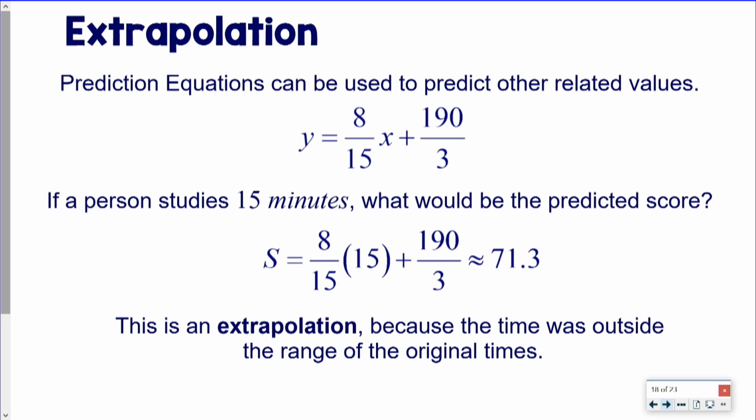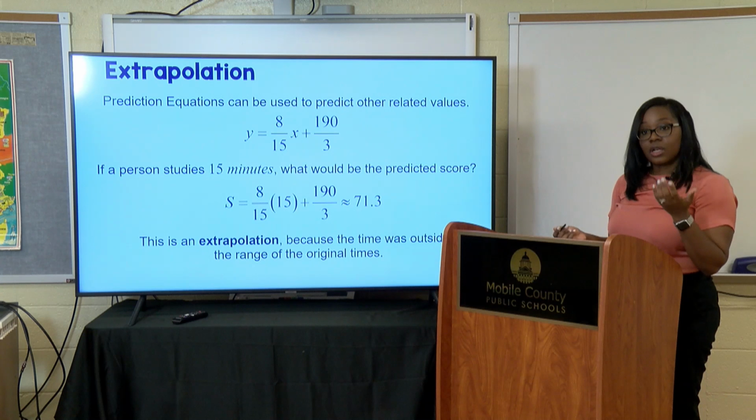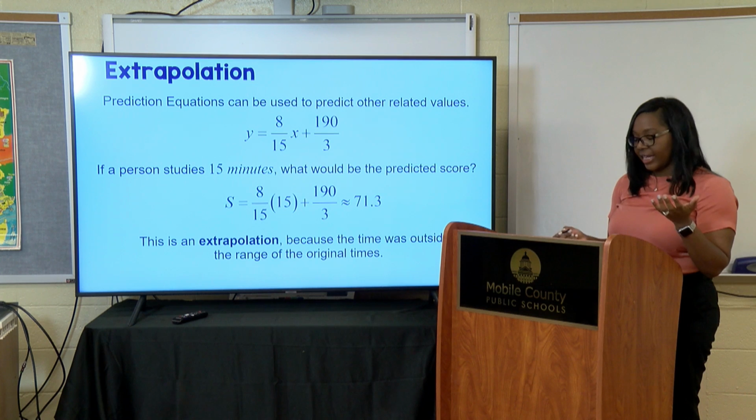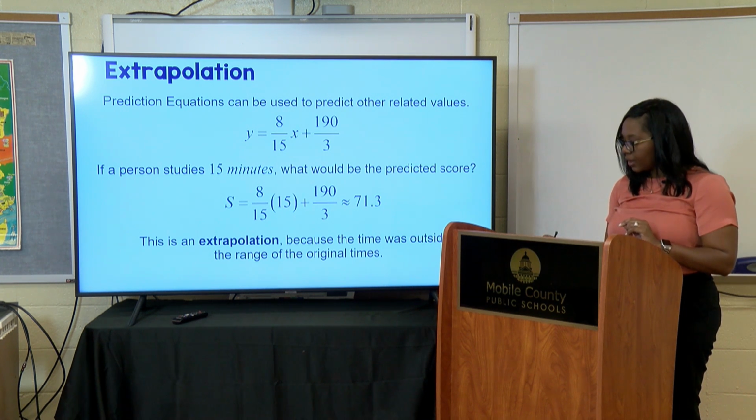However, the prediction equation will allow for us to take the time that was given, whether it's represented on the graph or not. We can substitute it into our equation for t because 15 minutes is time and t represents time, and simplify. So by doing that, I can replace x, which is also t, that's our domain, with 15.